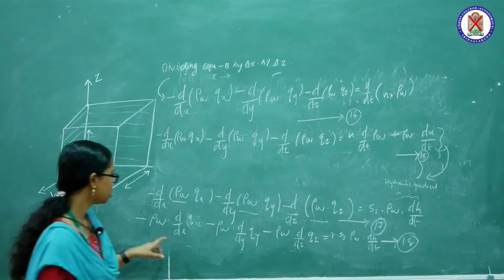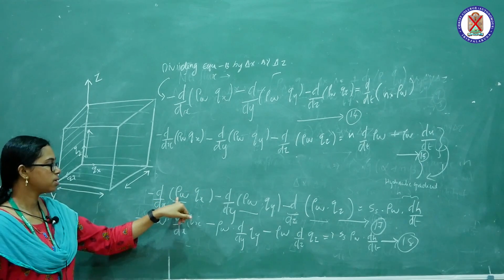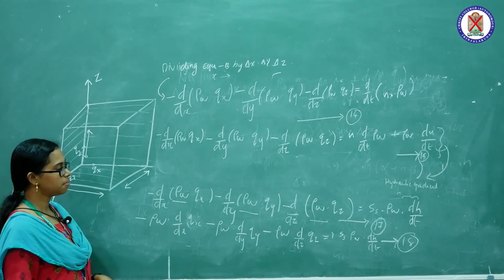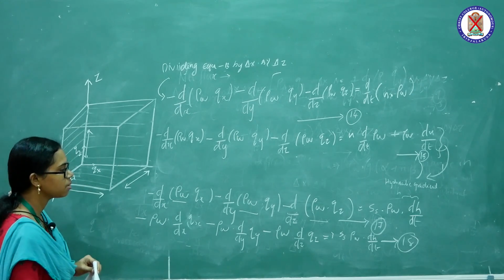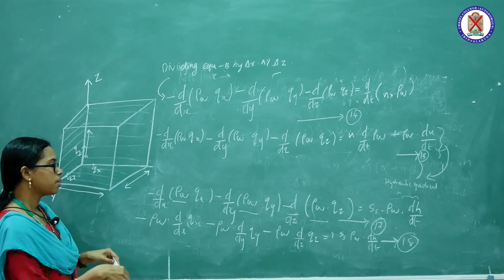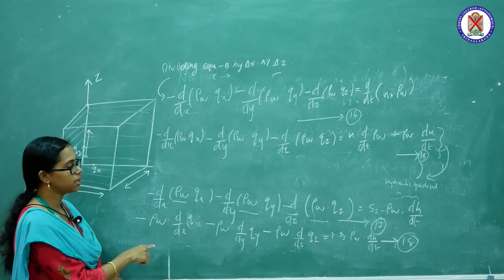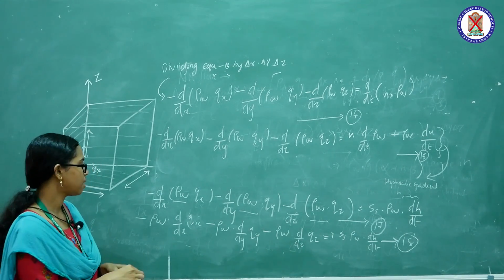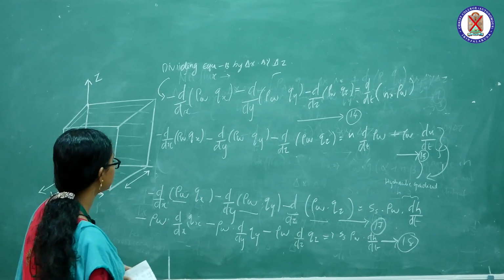So what we have done is, this common factor, that is rho w, is taken out in all cases. So next step is, rho w is common in both the right and left hand side, so rho w can be eliminated from both sides of this particular equation.